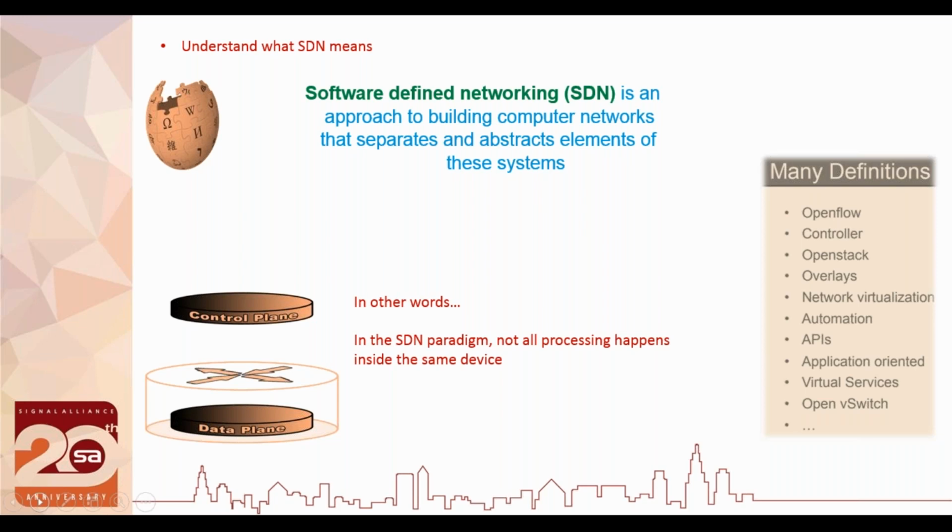So if that is the case, it therefore means that three things have to be running on the router or the switch. There will be a control plane, there will be a data plane, and there will be a management plane. The control plane is where certain things happen.